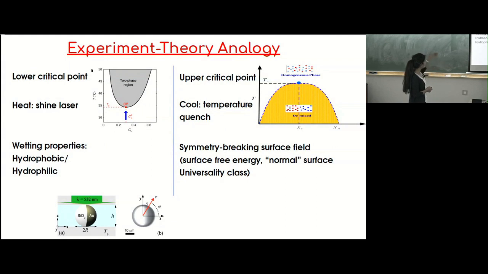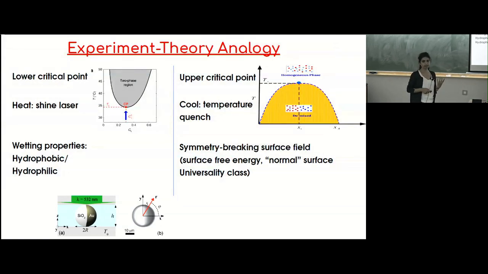So when they shine laser and heat up the particles, we are going to cool the particles down. And this preferential attraction or the wetting properties of these particles, whether hydrophilic or hydrophobic, is taken into account by considering the surface field.